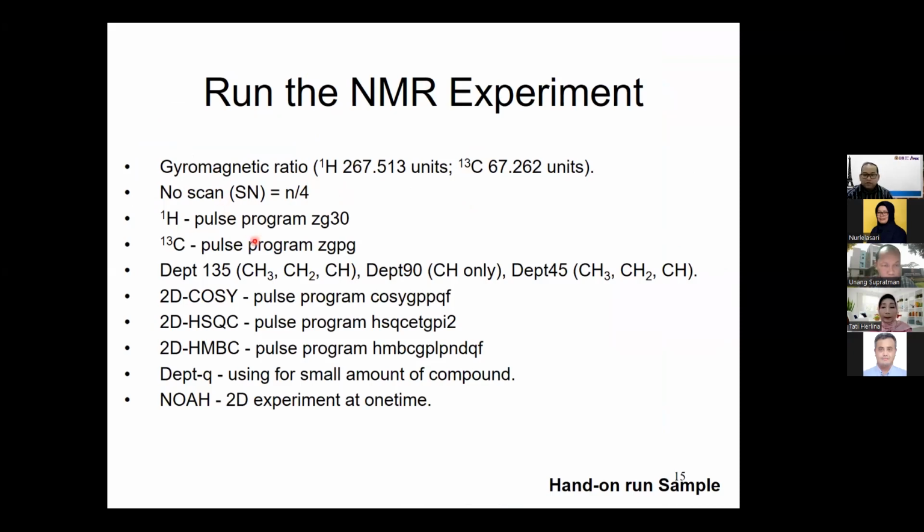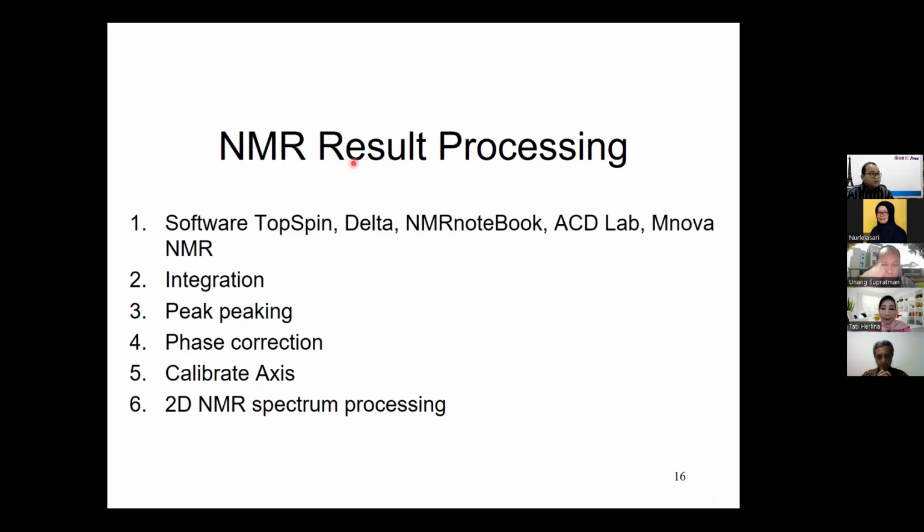If you have special requests, for example anybody who is doing hydrogen storage and wants to measure aluminium, nitrogen, and also boron, we can do it. For NMR result processing, I think Prof. Unang's team already has TopSpin NMR software, and also Delta, which is usually for JEOL.